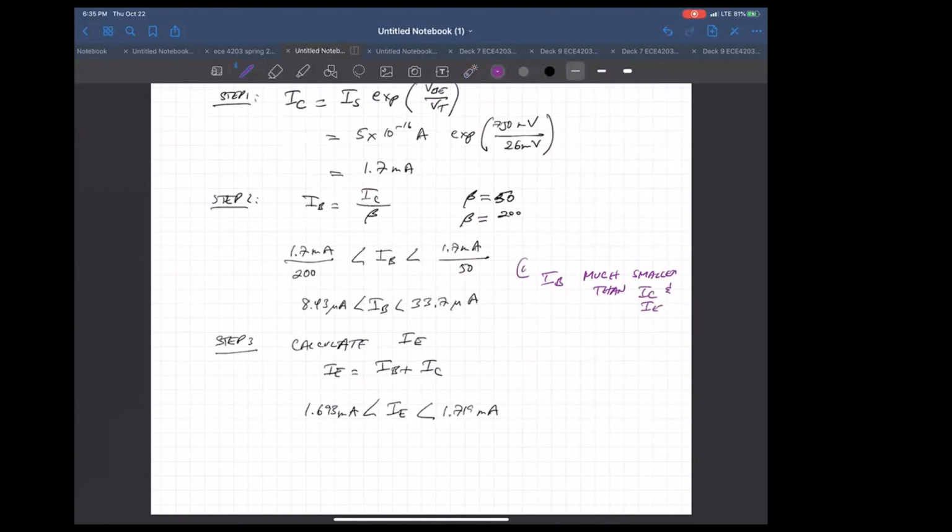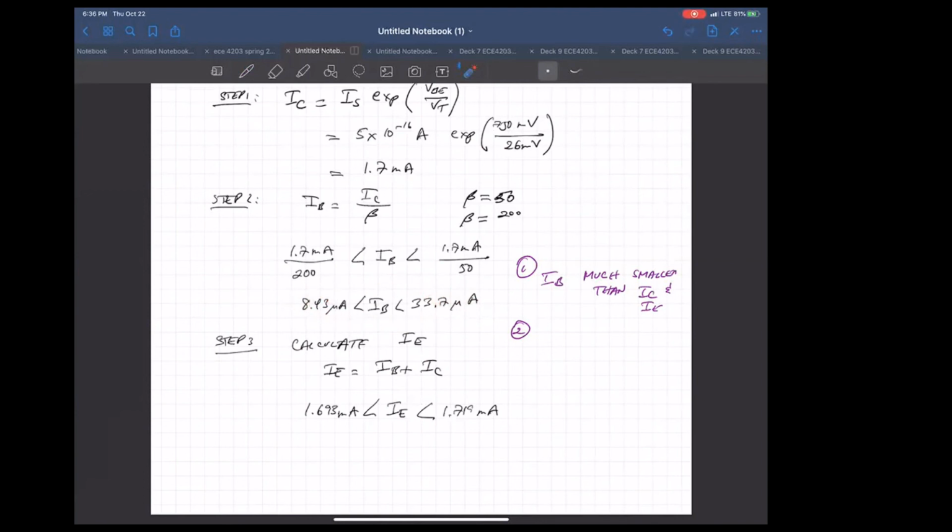So that's observation 1. Observation 2, look at the variation on I sub e. It's not varying that much. It may be changing by like 1%. But look at the variation in I sub b. I sub b is changing by like a factor of 3, 3x or more between the low and the high.